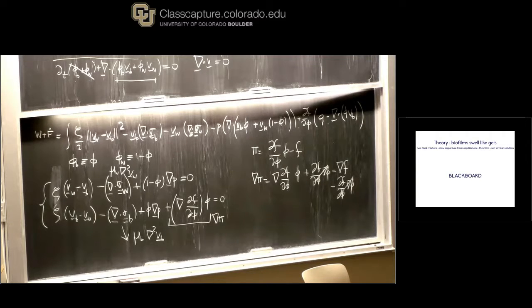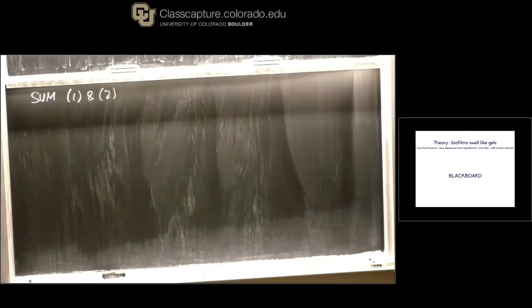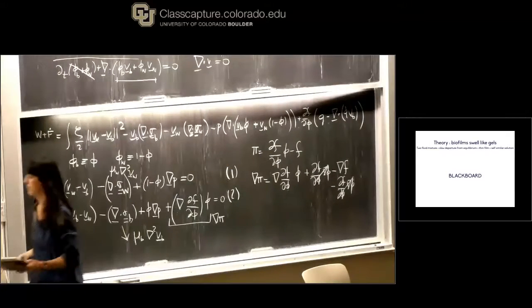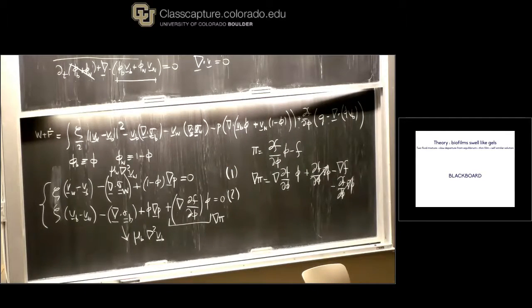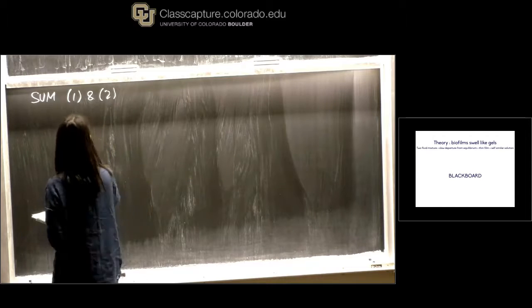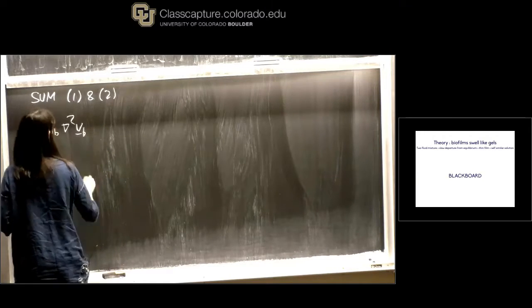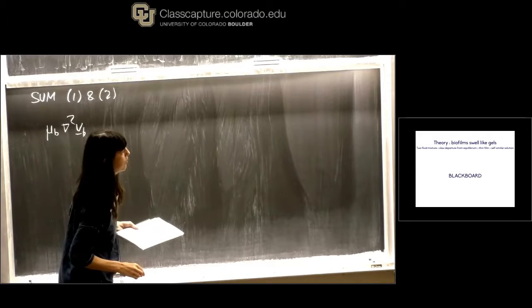So if I sum the two equations, I'll write it down here. Sum 1 and 2, let's label them so that it becomes more clear. The first term goes away. The water stress, I'll get rid of it. I get mu b Laplacian of VB.